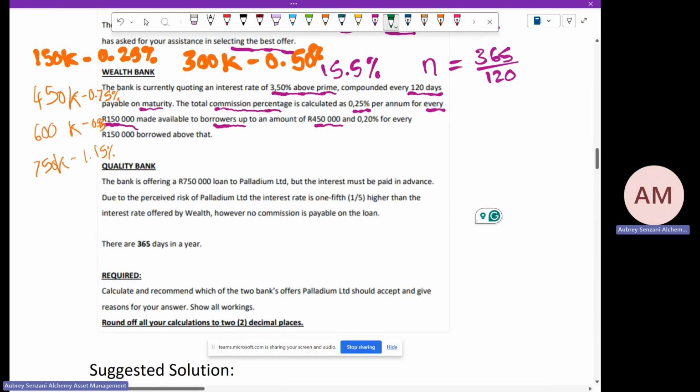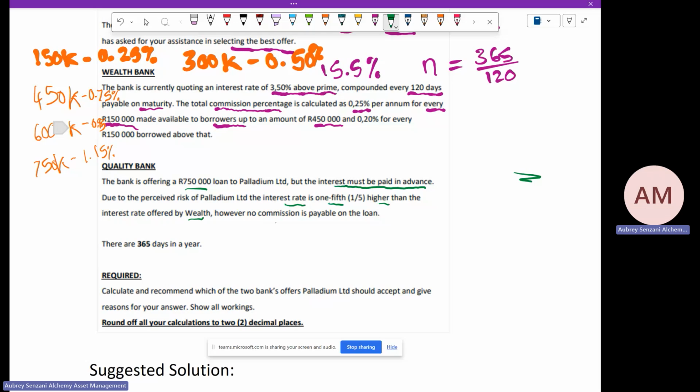So Quality Bank, what are their terms? How are they willing to offer us this 750? Here, they say 750,000 loan, but interest must be paid in advance. Due to the perceived risk of the company, the interest rate is 1/5 higher than the interest rate offered by Wealth Bank.